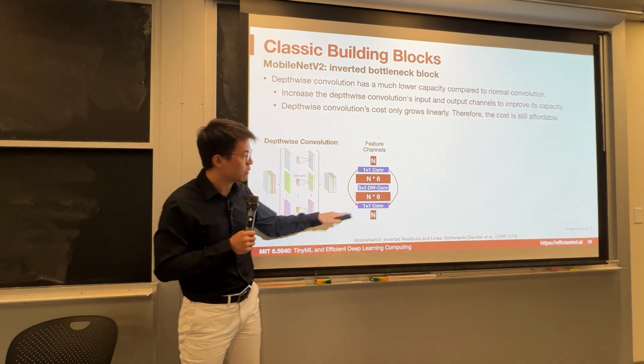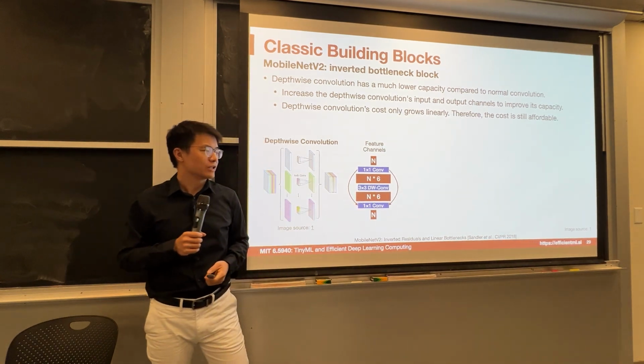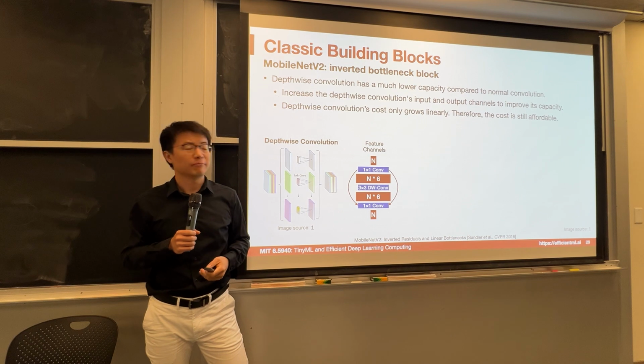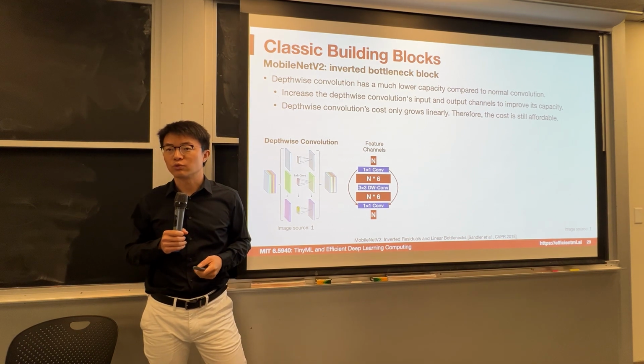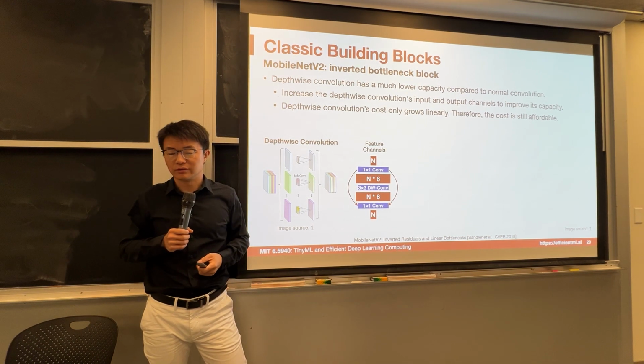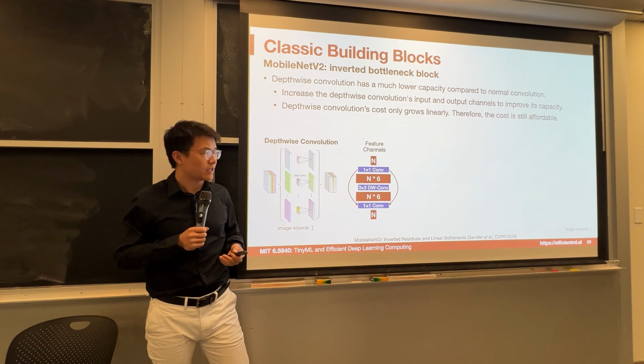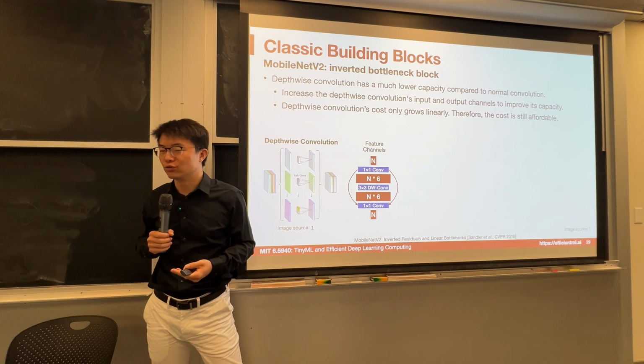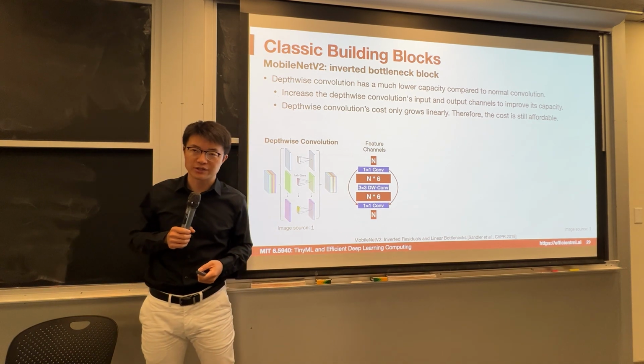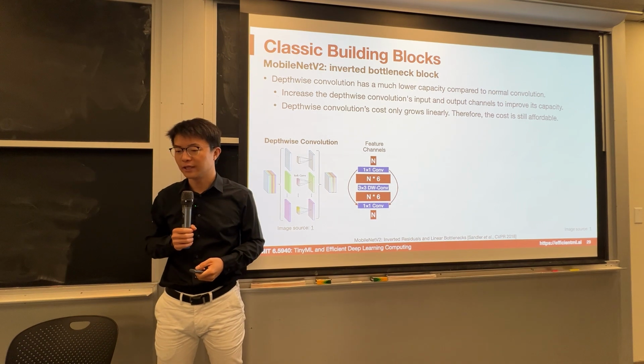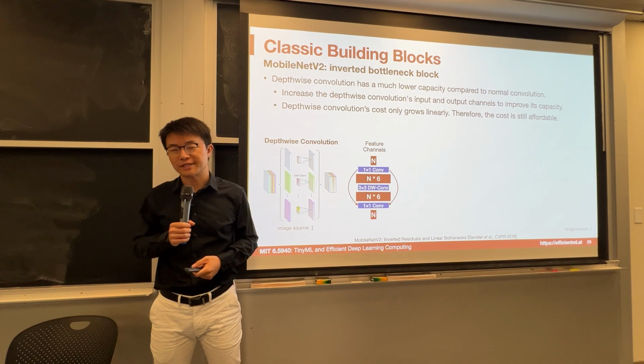We run them through a 1x1 conv and cast them to 6 times n channels. We want to expand the number of channels, and the reason is that the 3x3 depth-wise convolution doesn't have enough capacity.